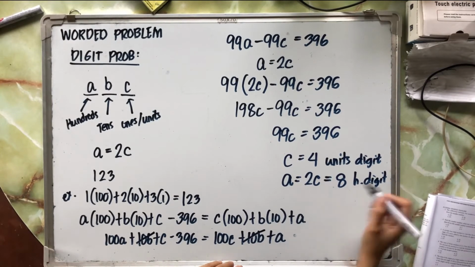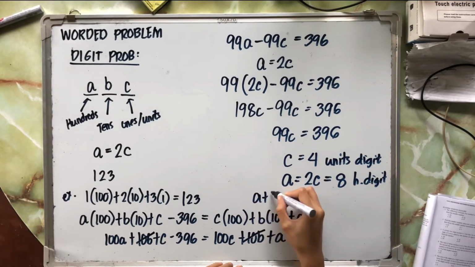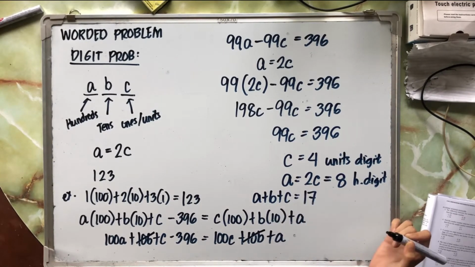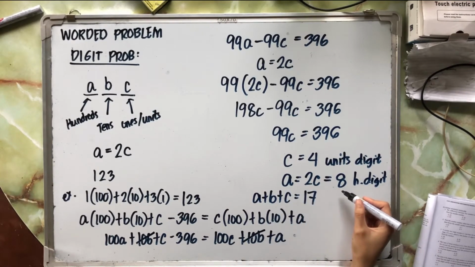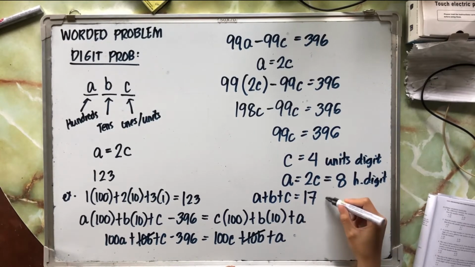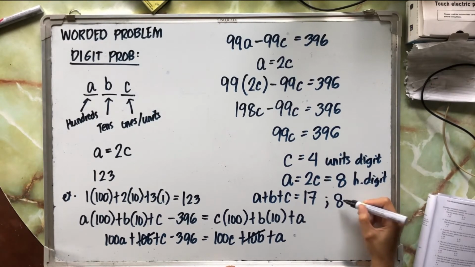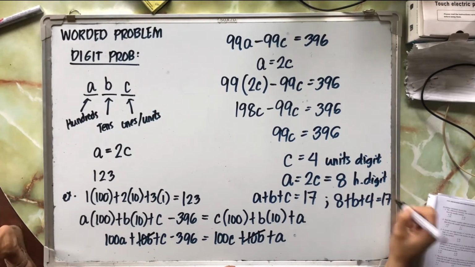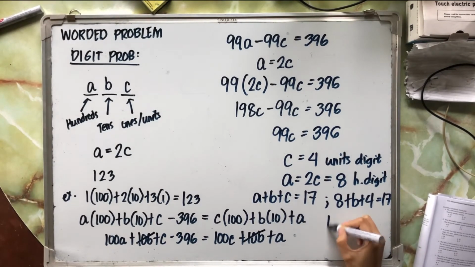So, sinabi niya yun sa problem, no, that A plus B plus C is equal to 17. So, A is 8, C is 4. That would be 8 plus B plus 4. That should be equal to 17 now.